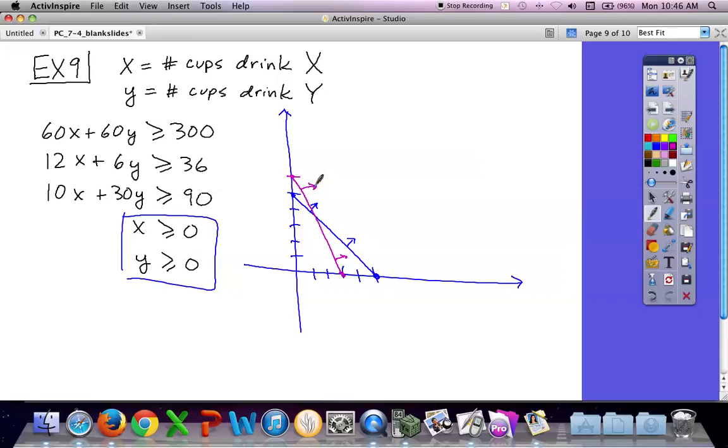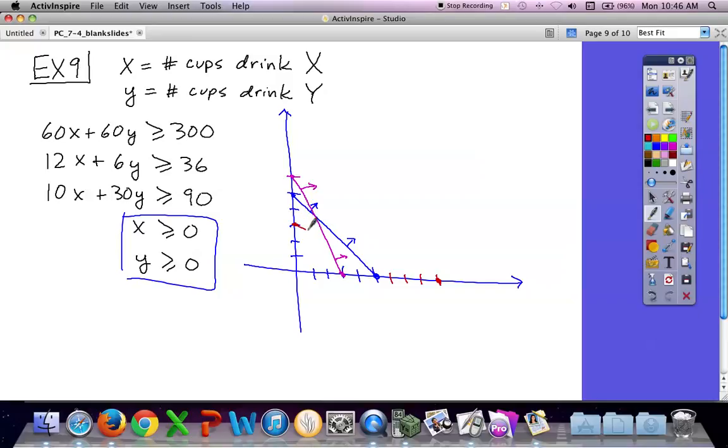Okay, so last line. The X-intercept is 9. 10X equals 90, so that's 9. And the Y-intercept is 30Y equals 90, so Y equals 3.